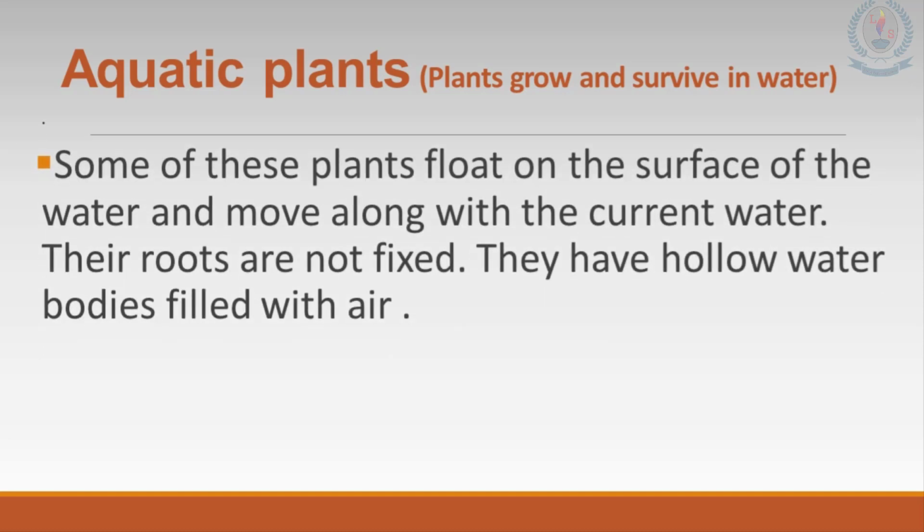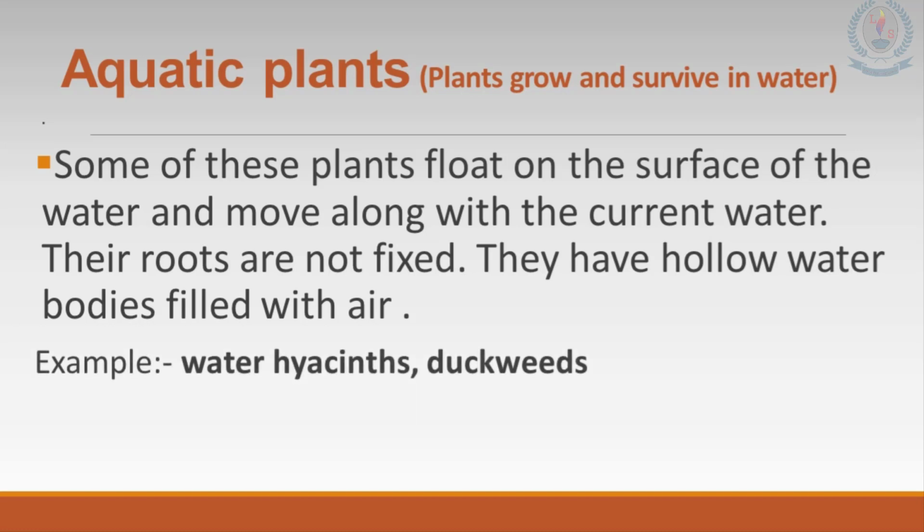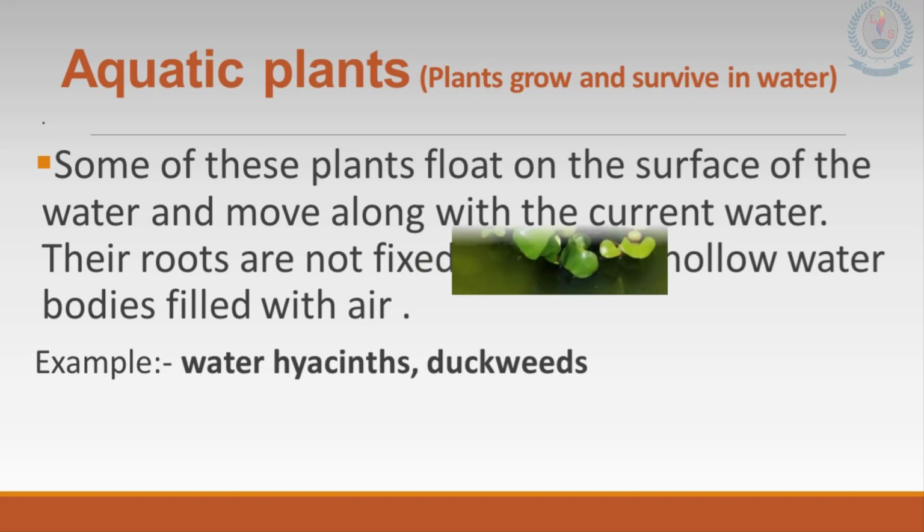Some of these plants float on the surface of the water and move along with the current. Their roots are not fixed. They have hollow bodies filled with air. Examples: water hyacinth, duckweed.